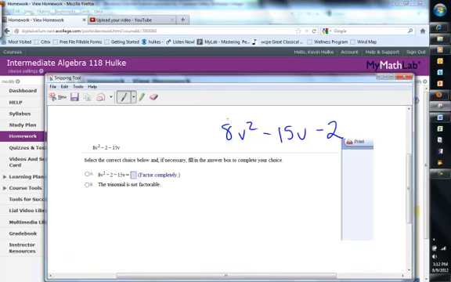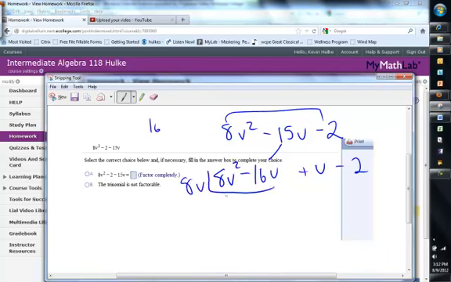Now it's in the right order. Take this times this is 16. What two numbers multiplied equals 16 are 15 apart? 16 and 1. So minus 16v plus v minus 2, 8v squared.